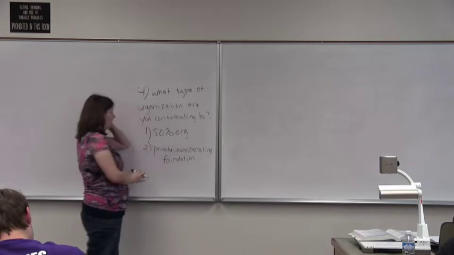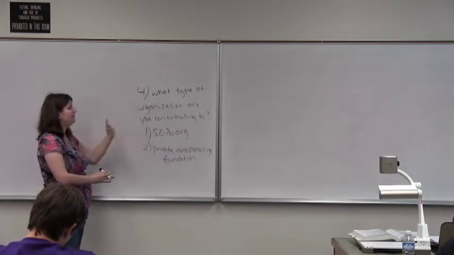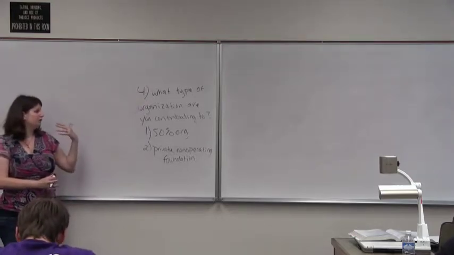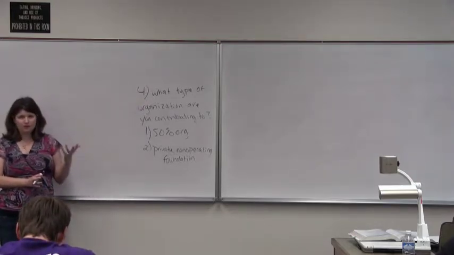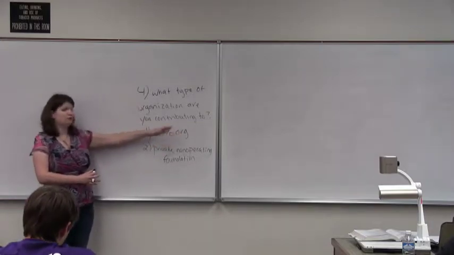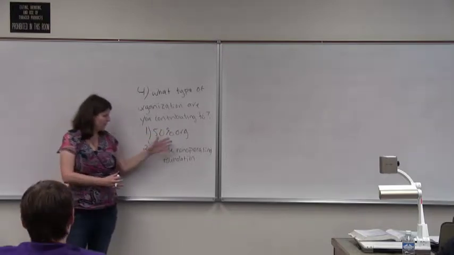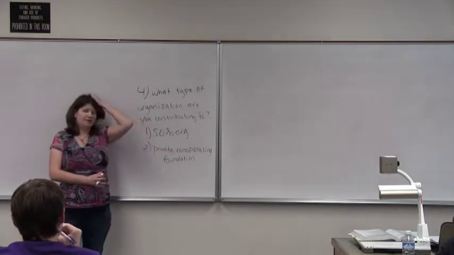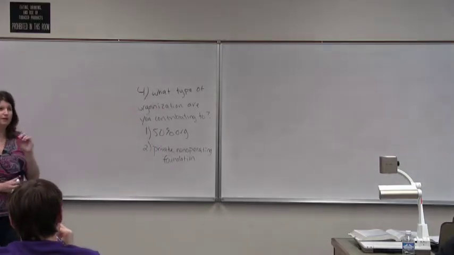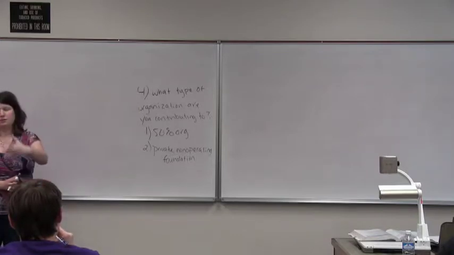So if you fall under this 50%, this would be things like your churches, your schools, hospitals, government type organizations, your typical things that you think of when you think of a nonprofit organization. A private non-operating foundation is basically a foundation that is not using the funds that they receive to operate their tax-exempt purpose.